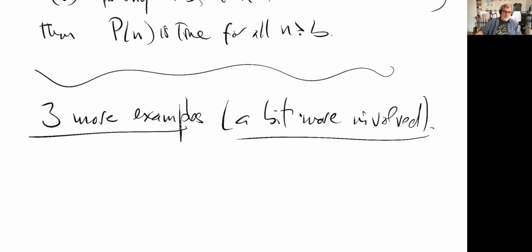It's the well ordering principle, which is an equivalent way of stating induction, but turns out that looks even simpler. But we'll see that in, not next week, but the week after. Okay, so here are our three other examples. So here's our first example for today.